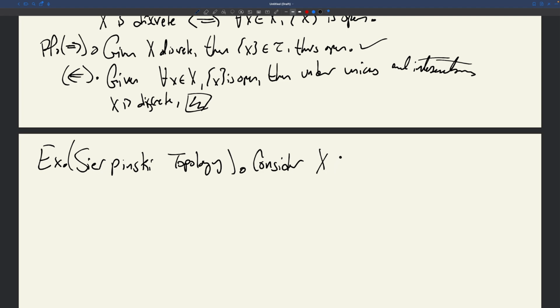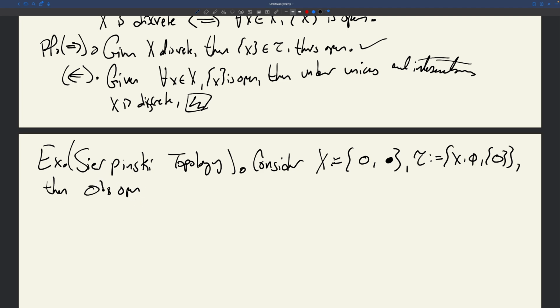So given X is a set containing an open circle and a closed circle, and tau is a topology defined by X, the empty set, and this open circle. And I want to specifically say open and closed circle. Then the open circle is open.